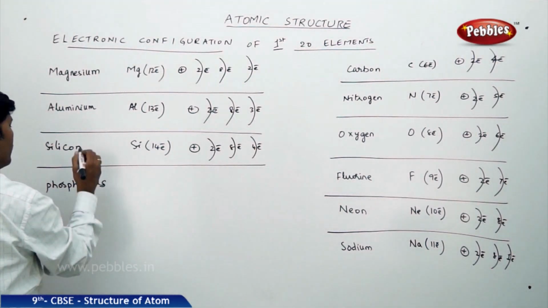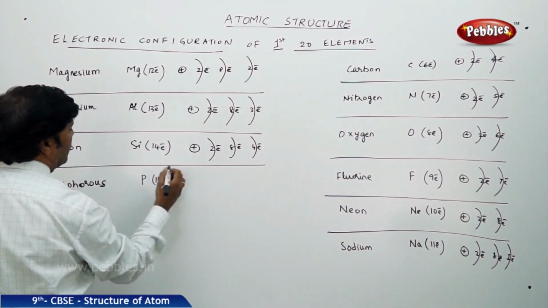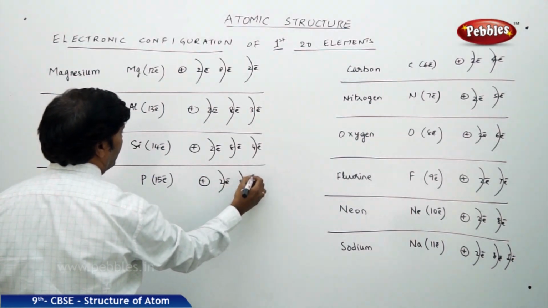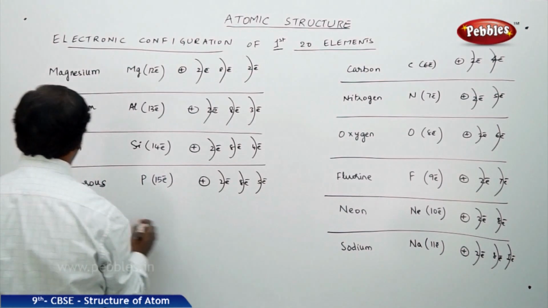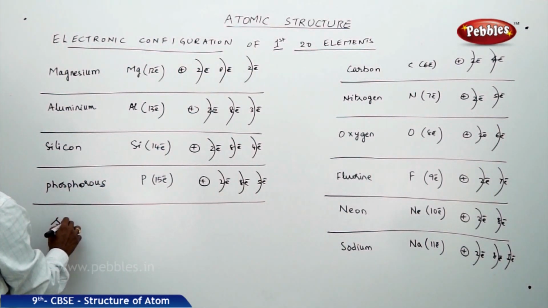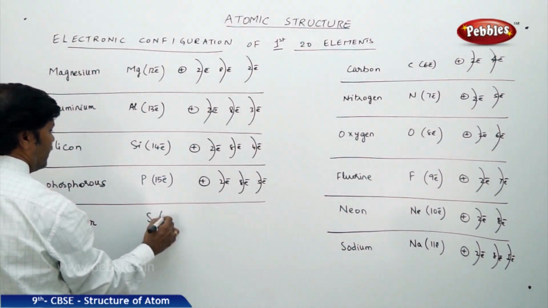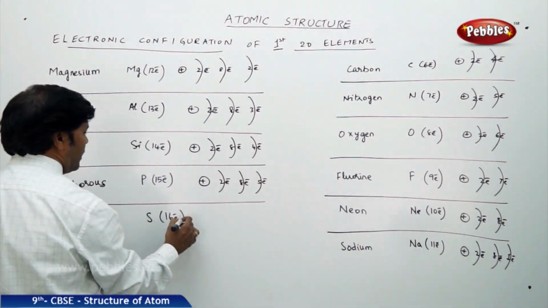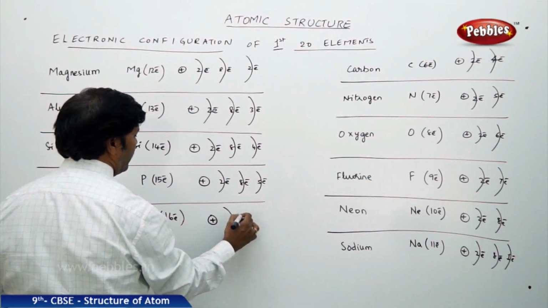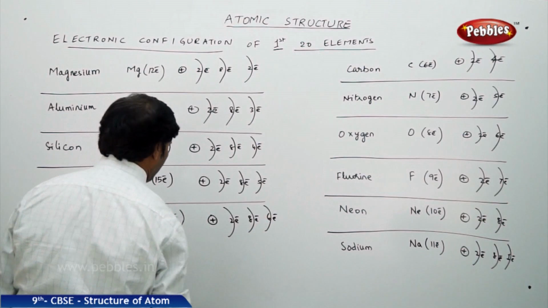The symbol is P, 15 electrons: nucleus, first shell 2 electrons, second shell 8 electrons and 5 electrons. Sulfur, symbol is S, 16 electrons: nucleus, first orbit 2 electrons, second orbit 8 electrons and third orbit 6 electrons.